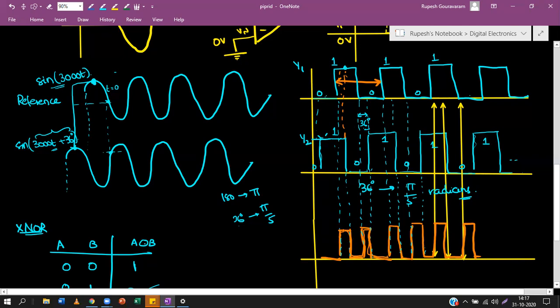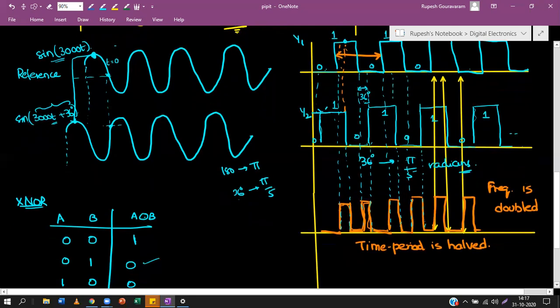That means frequency is doubled. Frequency doubled means the time period is half.